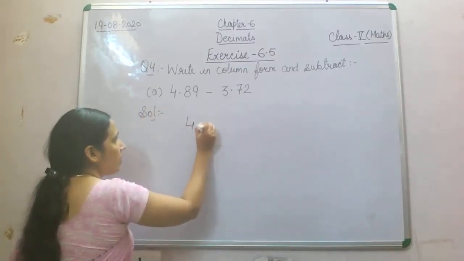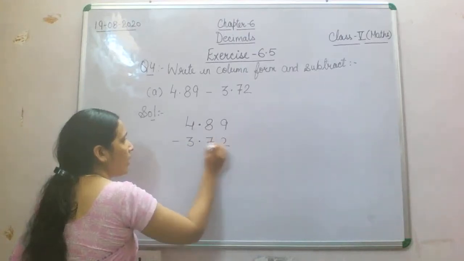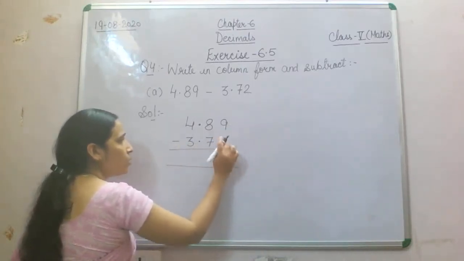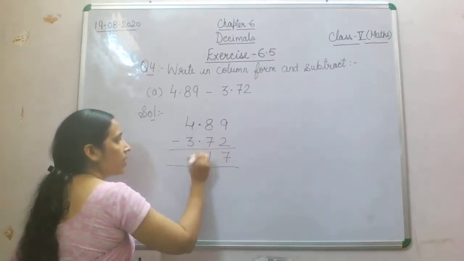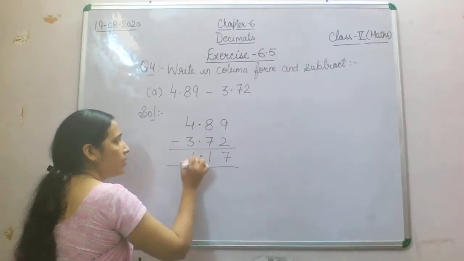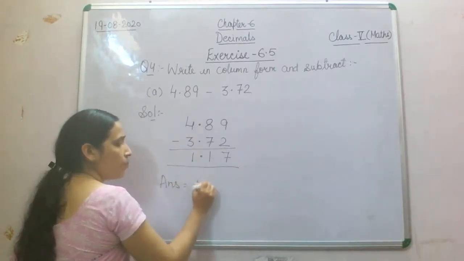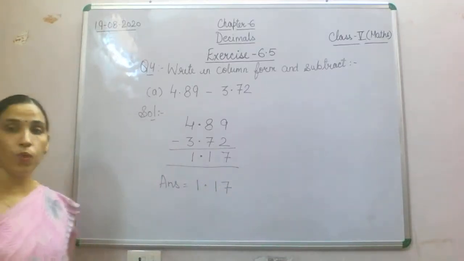Arrange the numbers in column form, 4.89 minus 3.72, and then do the subtraction. Now 9 minus 2 you will get 7. 8 minus 7, 1. Then a decimal point. 4 minus 3, 1. So what is the answer? The answer will be 1.17.